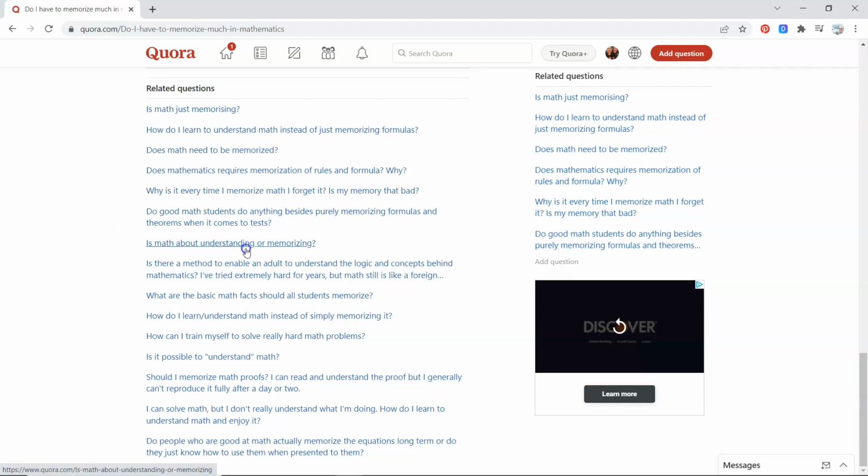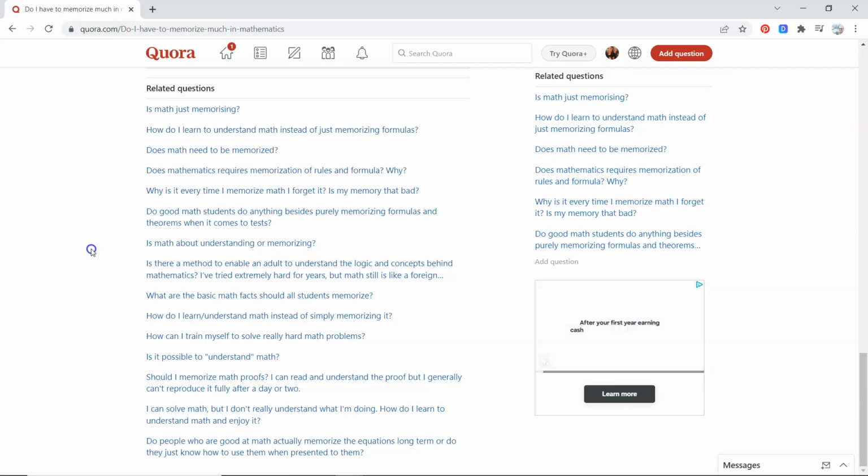This would be a good one. Is math about understanding or memorizing? So this person's writing with the presupposition that you have to choose, right? So you could even use that question as your headline, but then in your blog post, you could go more into depth about how it's not really about either or, you really need both. Or maybe you take the position that conceptual understanding is more important, or maybe you take the position that memorizing is more important.